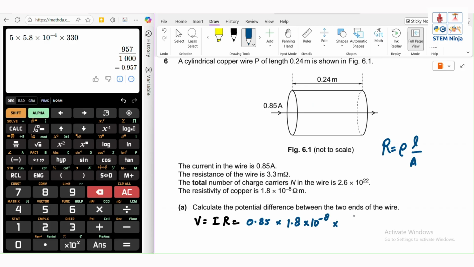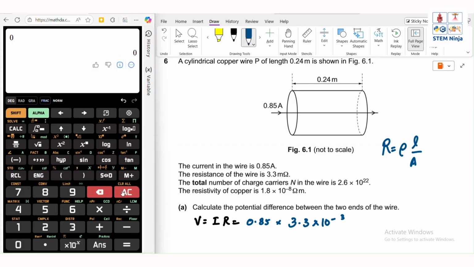Length is given as 0.24, and the cross-sectional area, is it given to us? Oh, resistance is given. Sorry, my bad. Resistance is given. So this is 3.3 milliohms.